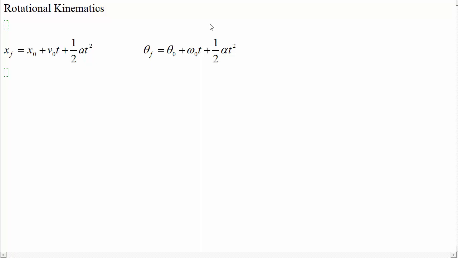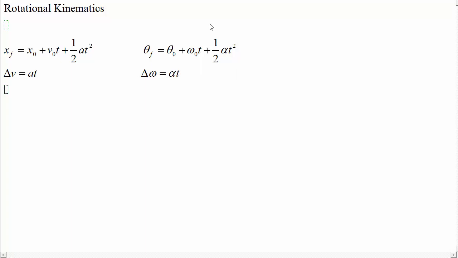The second formula we had was that a change in speed equaled acceleration times time. And our angular version of this is going to be lowercase omega equals alpha times time.